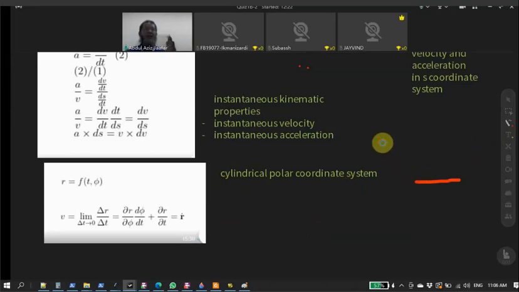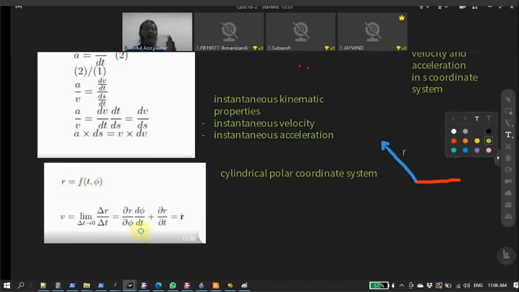So let's say this one is R, and then we have the angle that we create from the x-axis, and this gives you the positive values. So here we say that the r is a function of time and a function of the angle, right?